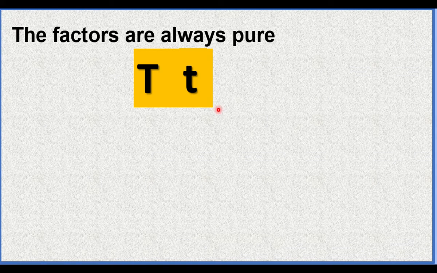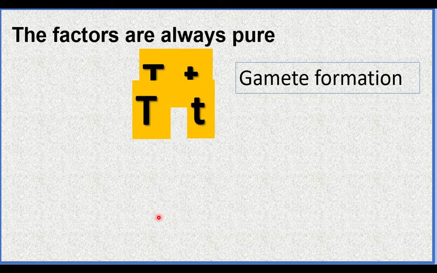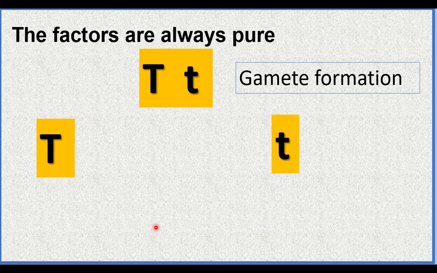How can we understand they do not mix? They do not mix because during gamete formation, once again they separate. They separate independently. They do not mix.